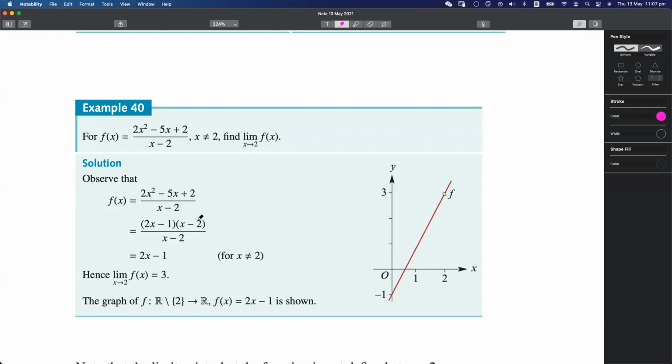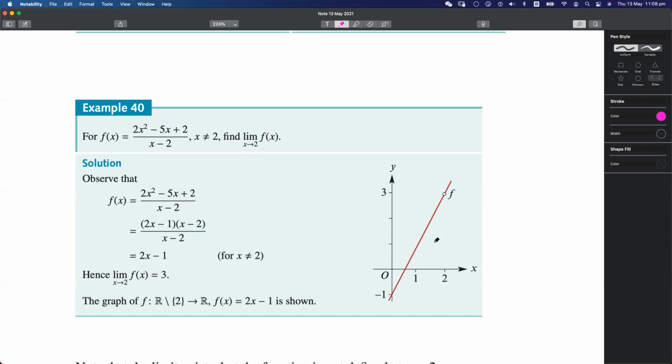You cancel the x minus 2 from the top and bottom, which leaves you with 2x minus 1. Hence, the limit as x approaches 2 of f of x is equal to 3. In the end, you put your 2 into this expression.